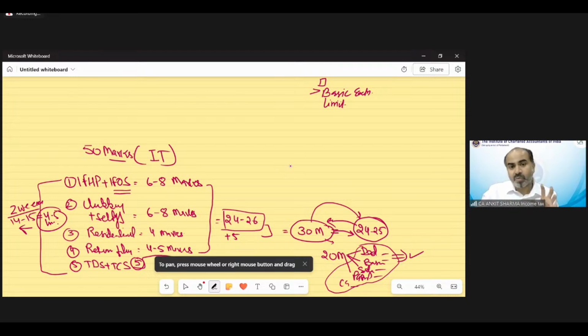So if you focus on these chapters, you are definitely going to get good marks in your income tax part. Out of 50, 30 belongs to this. So if you are able to score 24 out of this, then of the balance 20, if you are able to score 10 or 12, you will have almost 70-80% marks out of the 50 marks paper. So that's a strategy. Please follow this strategy. It will really help you.